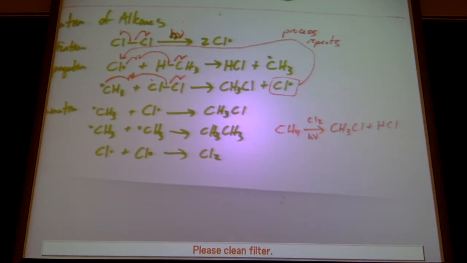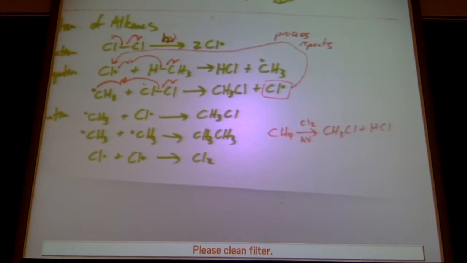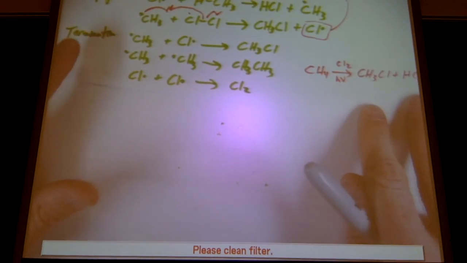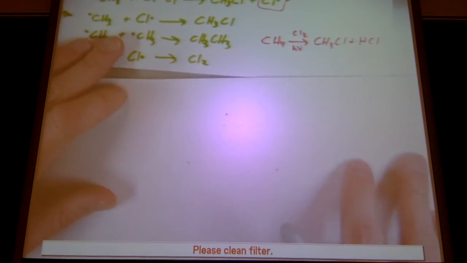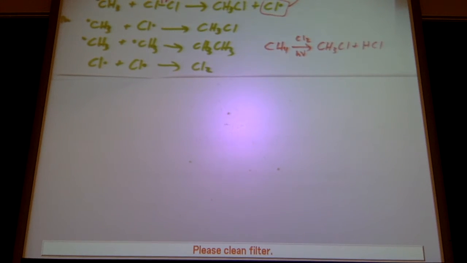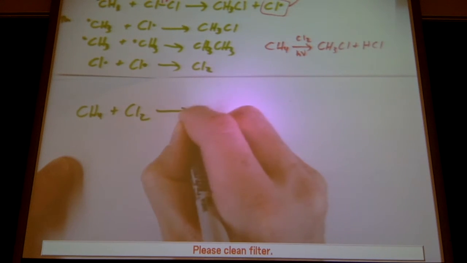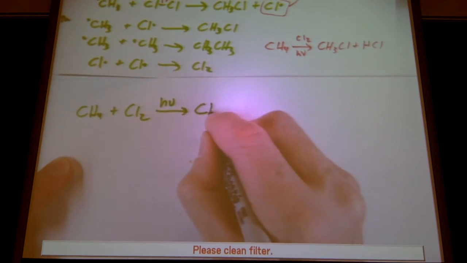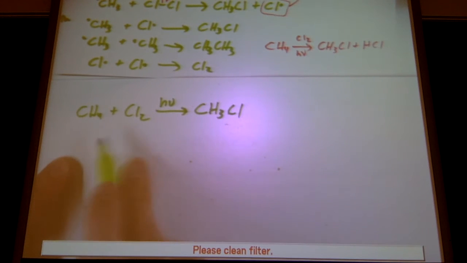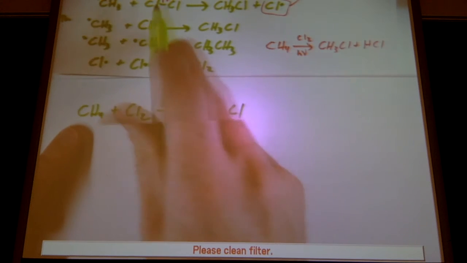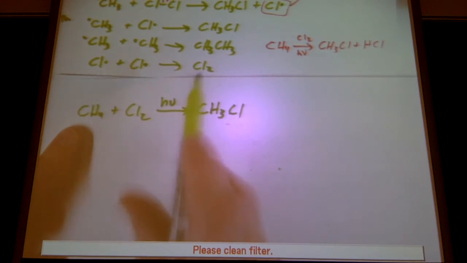This reaction is actually a poor method of producing alkyl halides because a mixture of products results. Let's write that out again. So I say I get CH3Cl. So as I'm doing this reaction, this chlorine from this mechanism can take off any hydrogen.